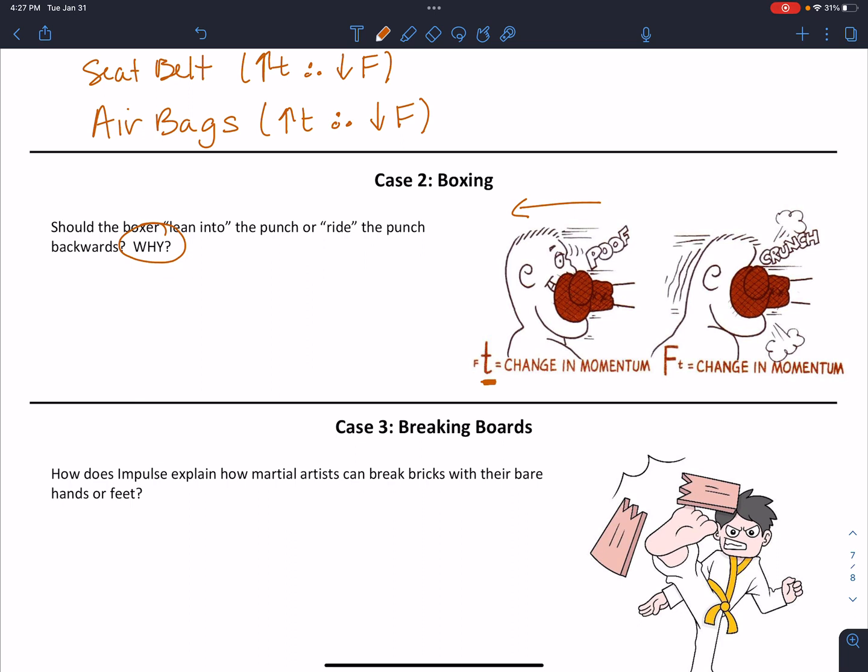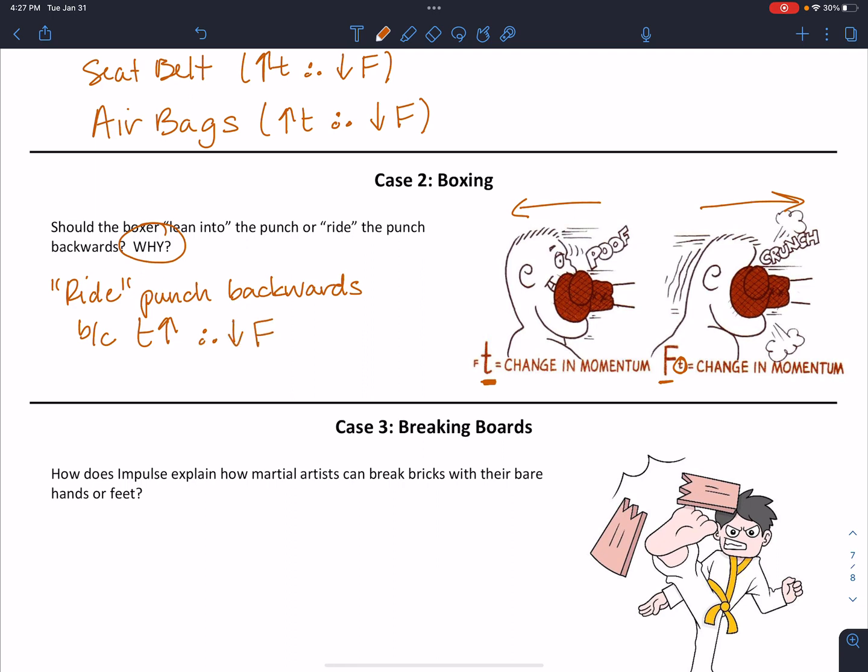Whereas if you move towards the punch, you're going to decrease that time, which will lead to an increase in the force. So if you want to decrease the force your face is going to feel, you really want to ride that punch backwards. Not that I'm saying that anybody should go out there and try this. But riding it backwards is going to decrease our force because it'll increase the time.